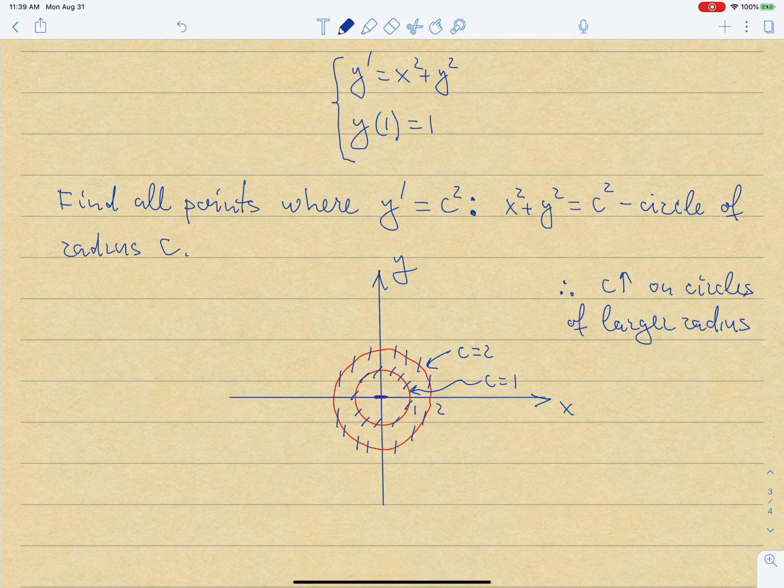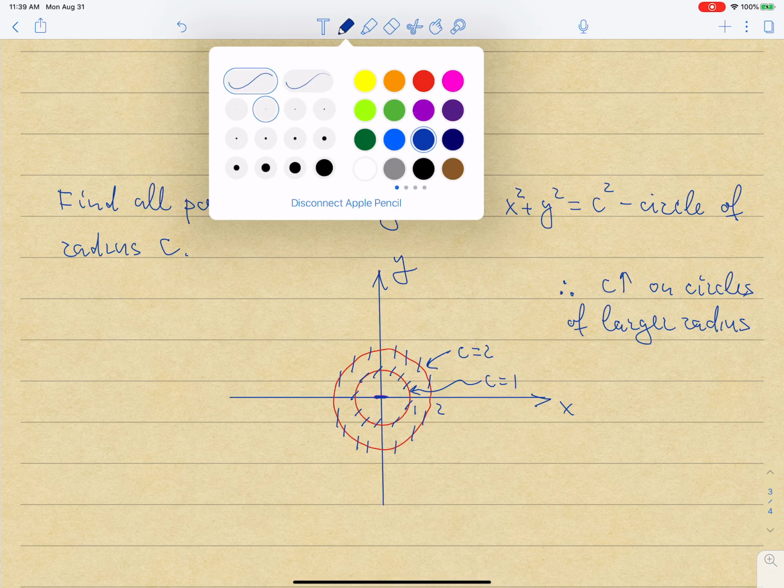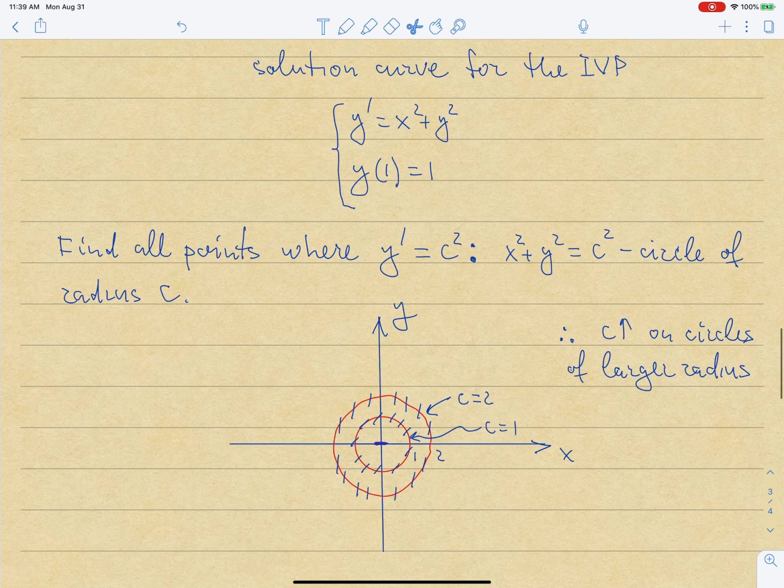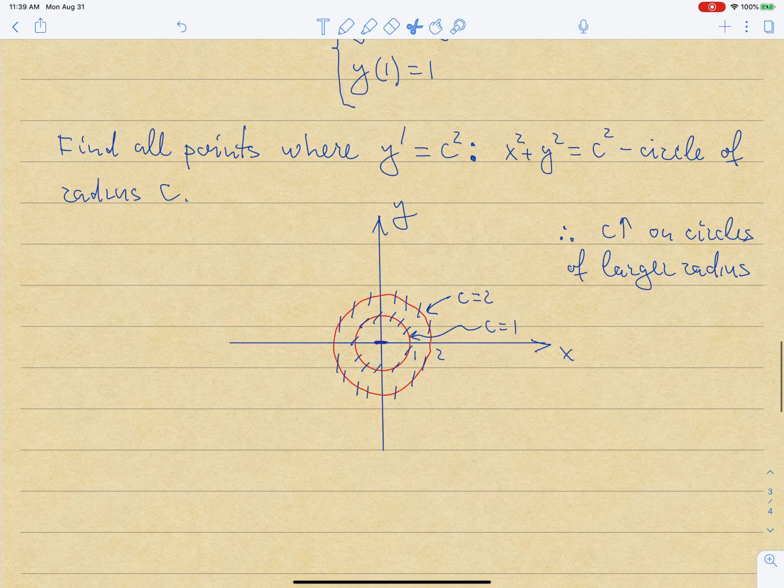Okay, and then if I want to reconstruct a solution of the initial value problem like this, I have to start at the point 1, 1. The point 1, 1 must be on a circle, again of radius square root of 2. So that would be somewhere here. If I move to the right, then the slopes are getting bigger very quickly.